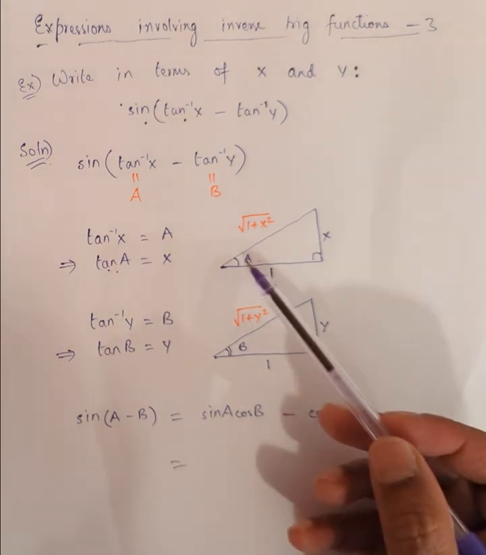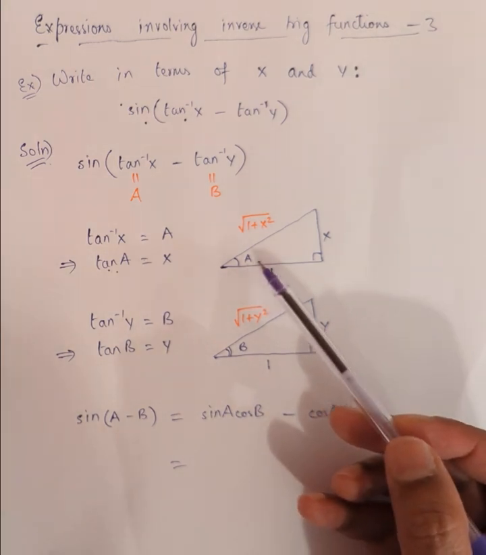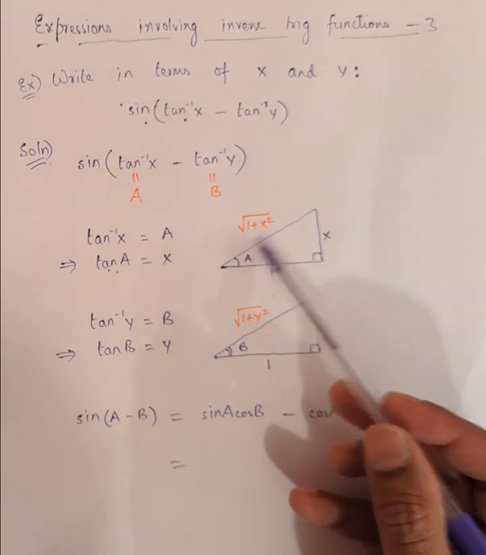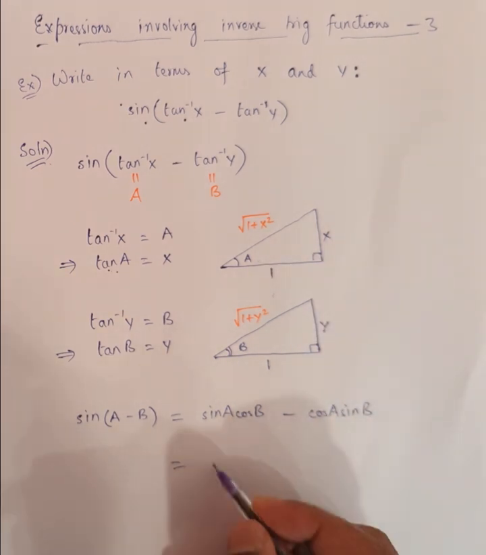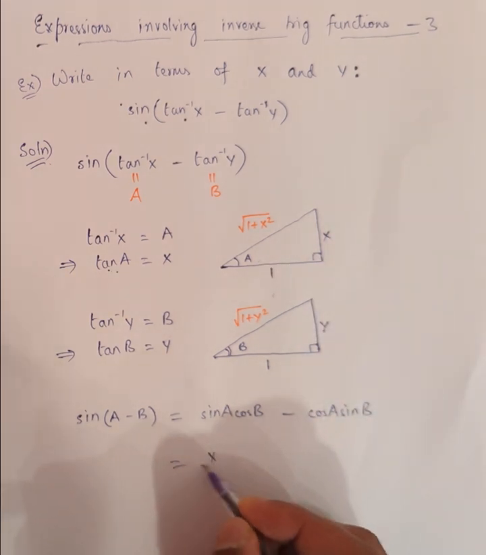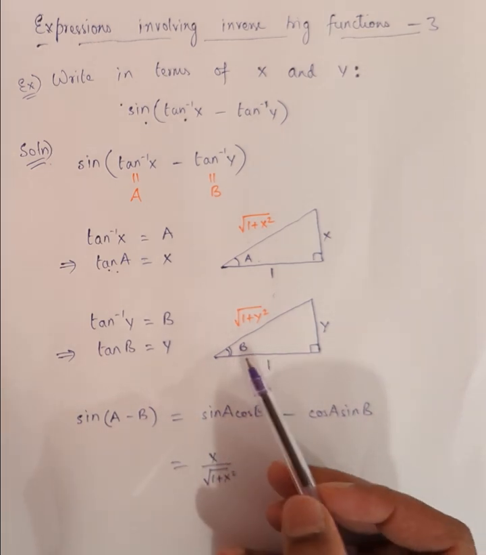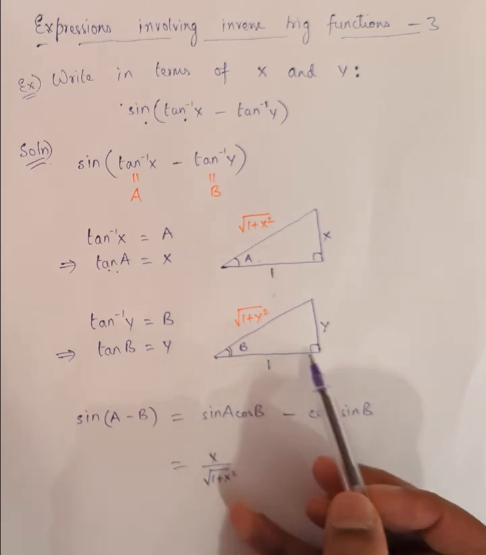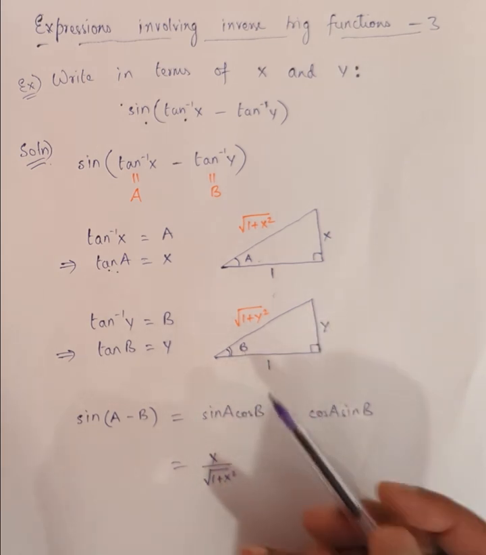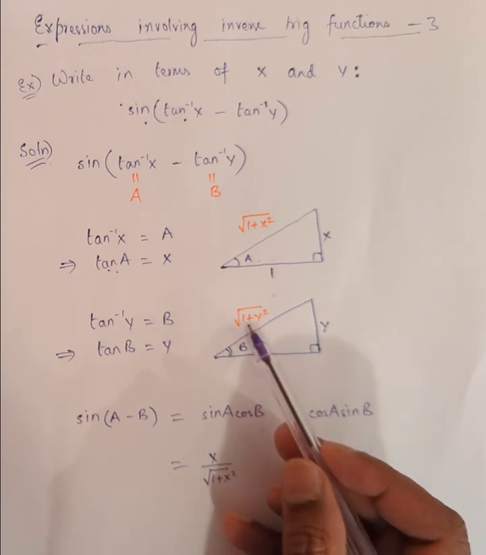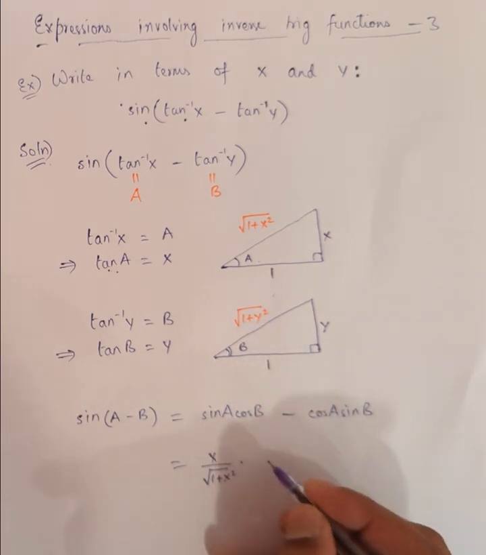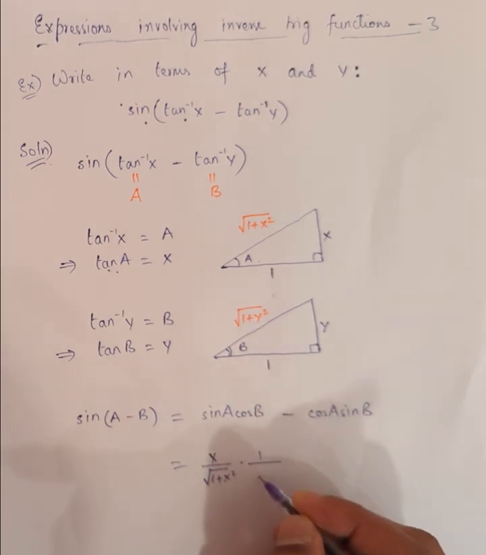So let's go ahead and use this triangle to figure out sine a. Sine is opposite over hypotenuse. So sine a is going to be x over square root of 1 plus x square. And cos b. For cos b, I have to use this triangle that has b in it. Cos is adjacent over hypotenuse, so it's going to be 1 over square root of 1 plus y square.